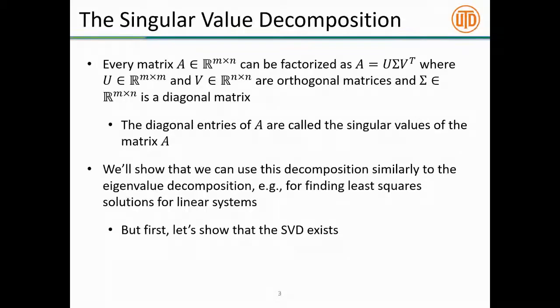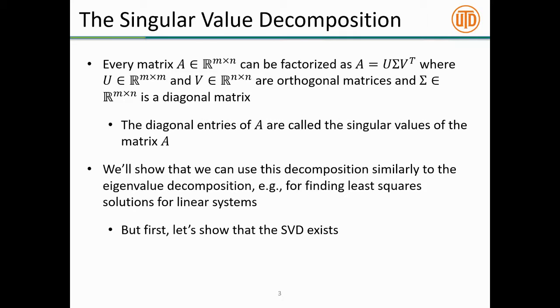They're both orthogonal, just like Q is an orthogonal matrix. And sigma is an M by N diagonal matrix, whose diagonal entries are called the singular values of A.